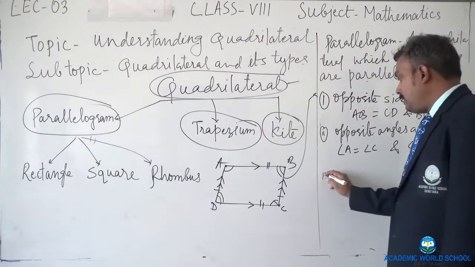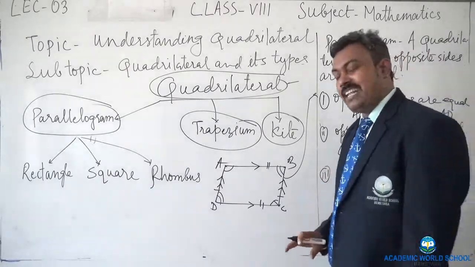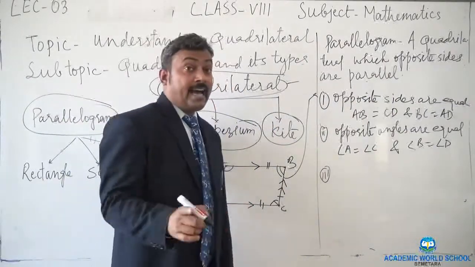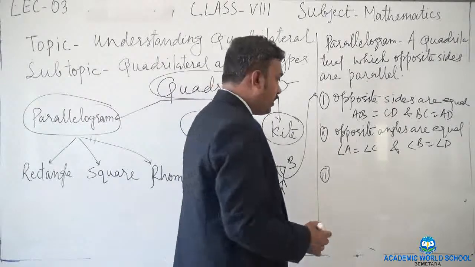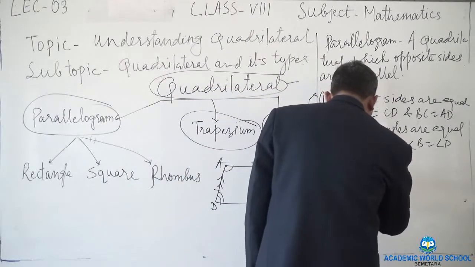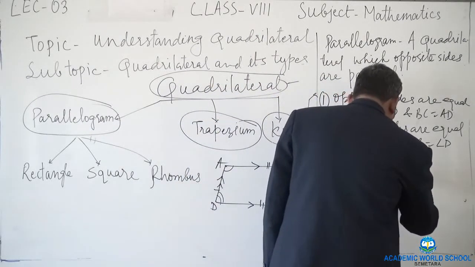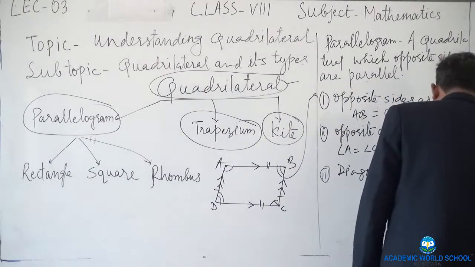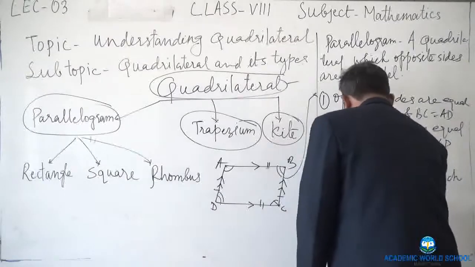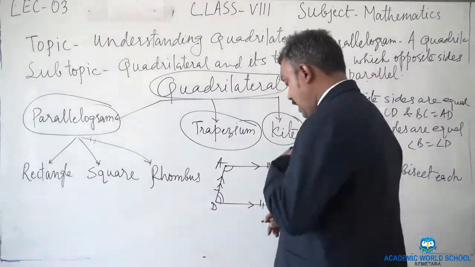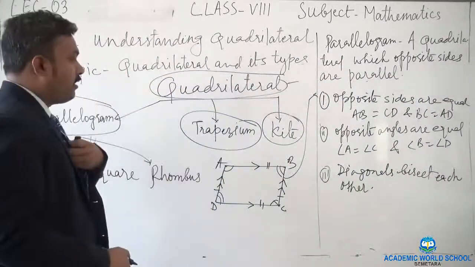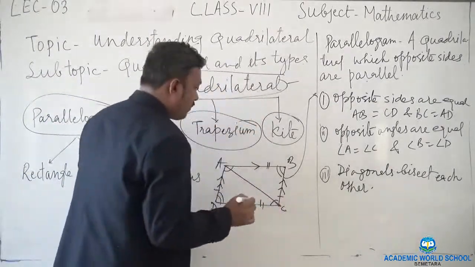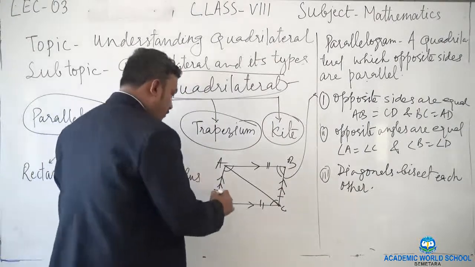The next property is related to diagonals: diagonals bisect each other. We know that this is a quadrilateral, so we will have two diagonals.